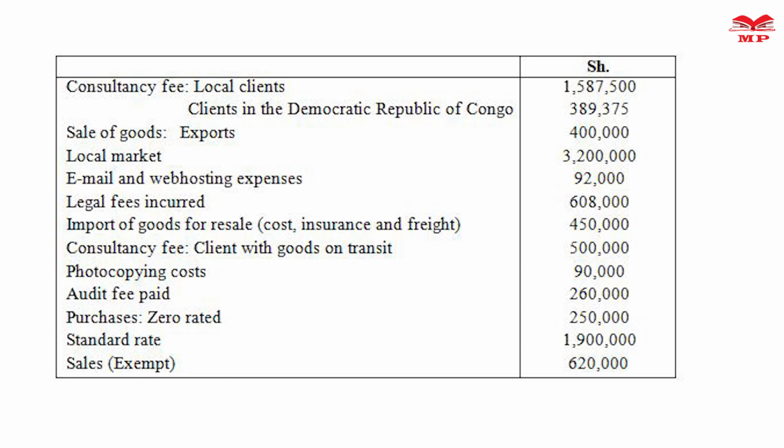Consultancy fee for local clients. Remember, this is exclusive of VAT. So the price quoted here, for example, for local clients, 1,587,500, is the value for VAT, so we shall apply 16% on that. For local clients, we charge VAT.